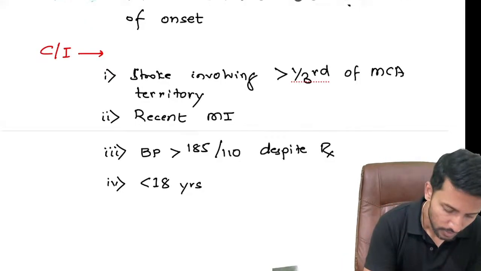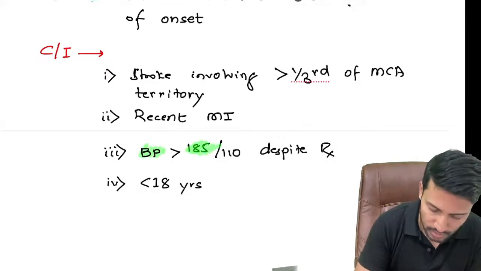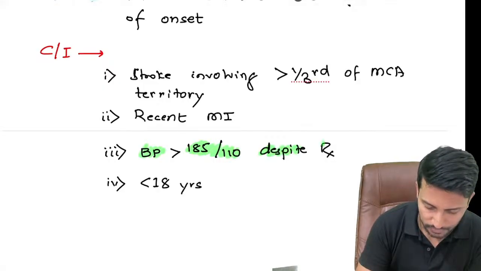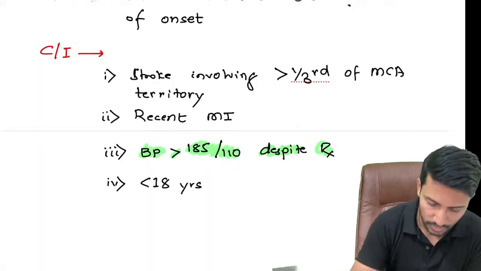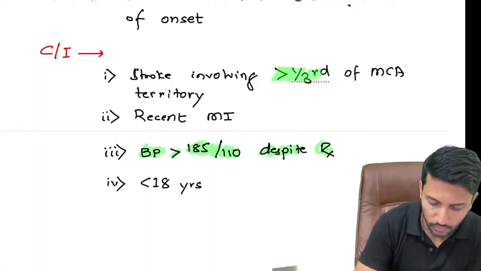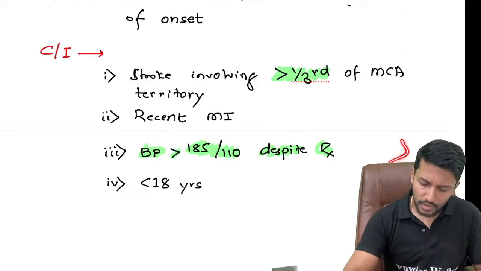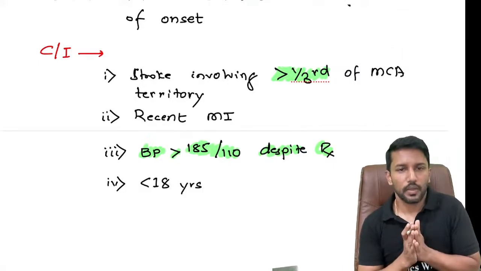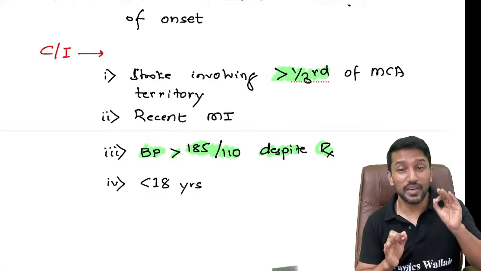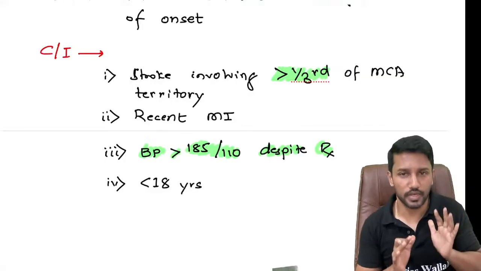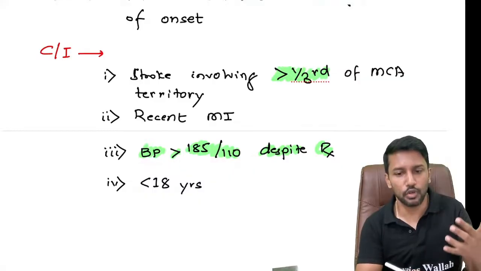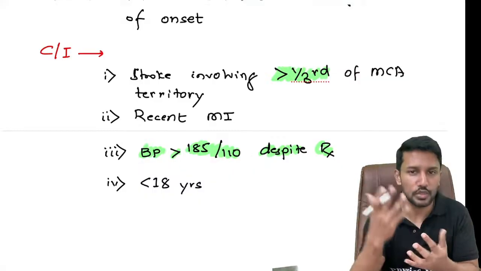Here, two important points which are used in MCQs are the BP at presentation and stroke involving more than one third of the MCA. If you look at these contraindications, what do we learn? Most importantly, we are trying to prevent a hemorrhagic complication. When BP is high, if I give a thrombolytic agent, patient may bleed profusely in the brain.